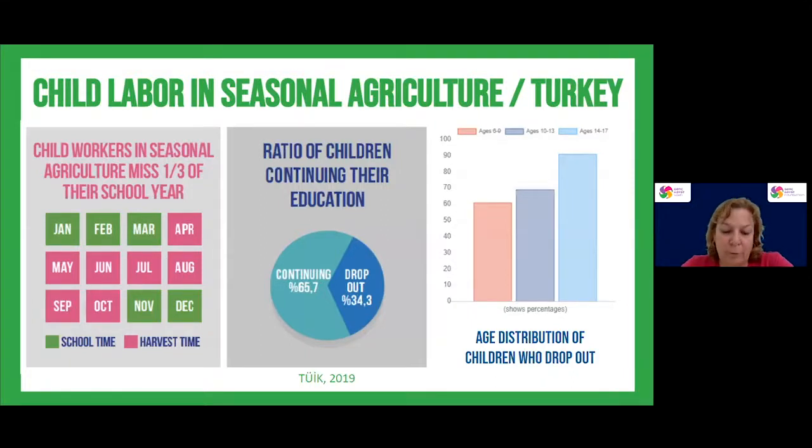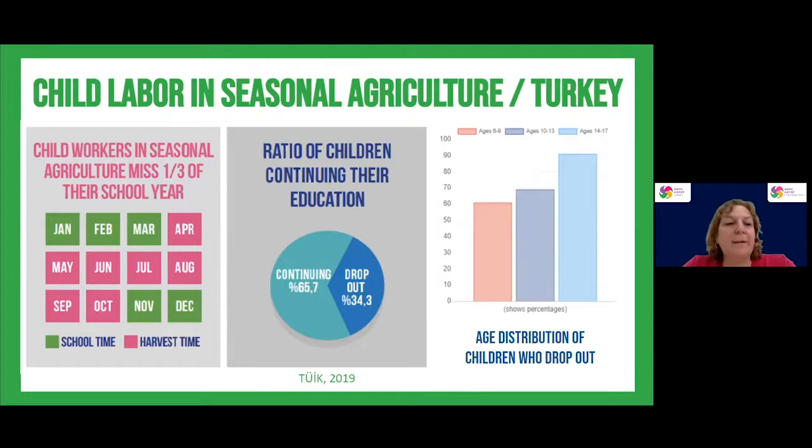From April to October, there are the harvest seasons. For some products, for example hazelnuts, it's only 1 month. For some products, the harvest season is only 2 months. And there are families who work specially for one product, or they travel for 6 months.